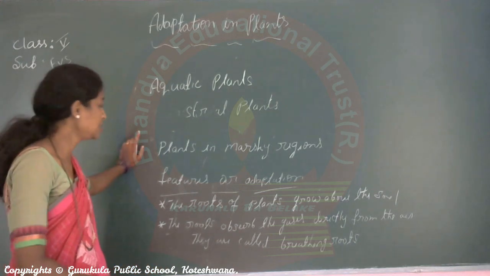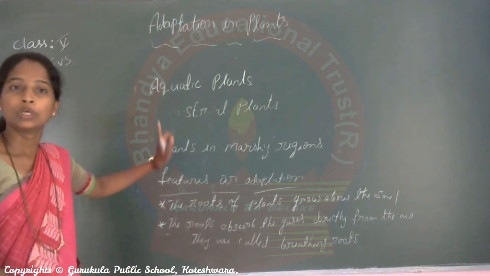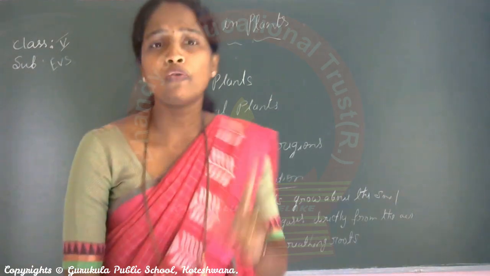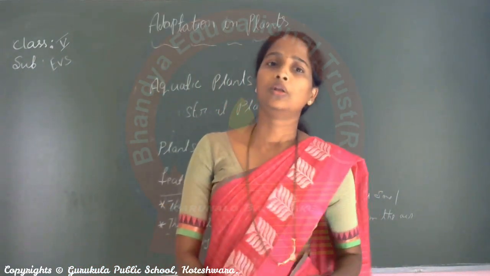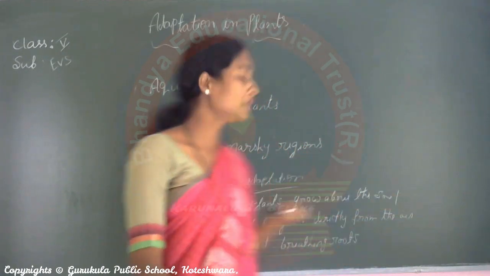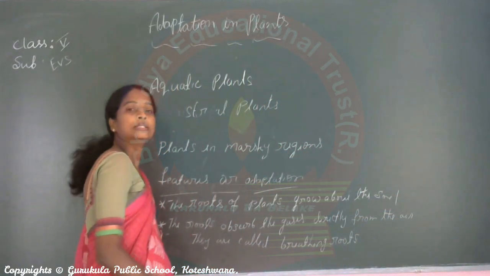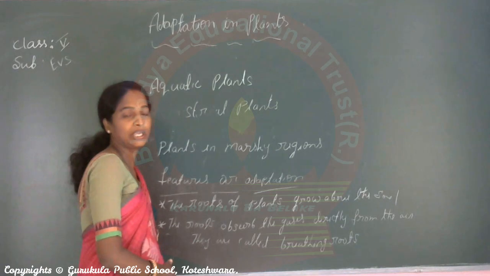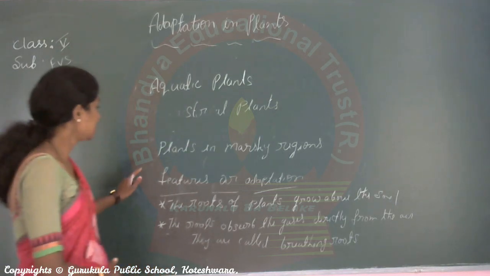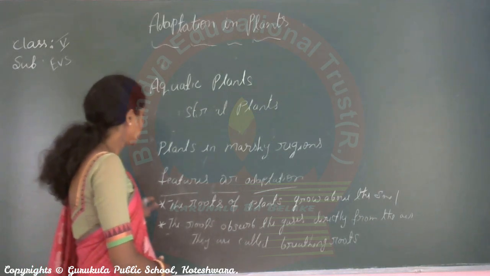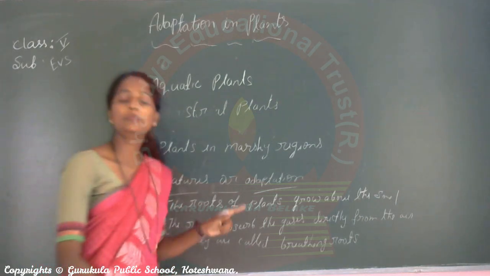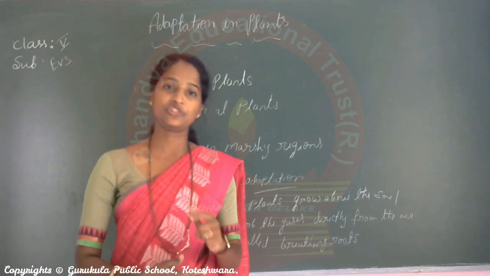So in marshy regions there is wet and soft land because there is a lot of water. The water makes the soil sticky and clay. In these areas, the plants have some adaptation or some features.